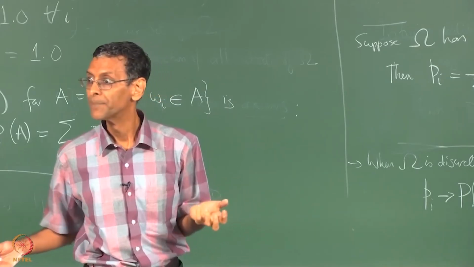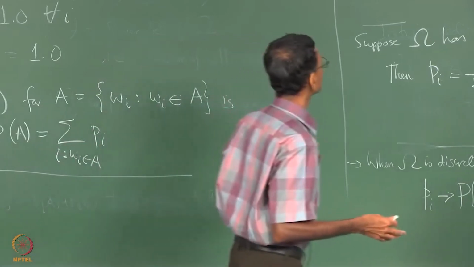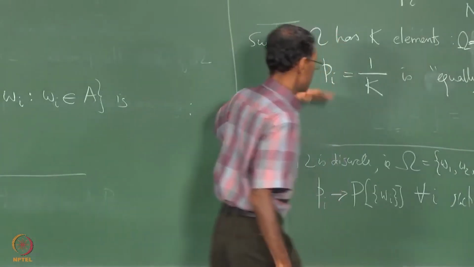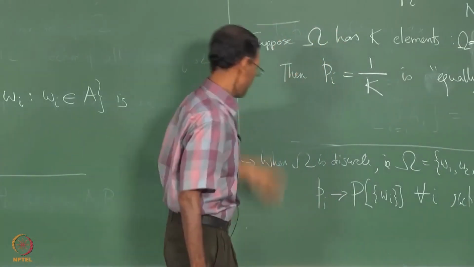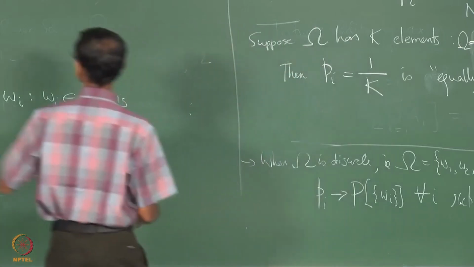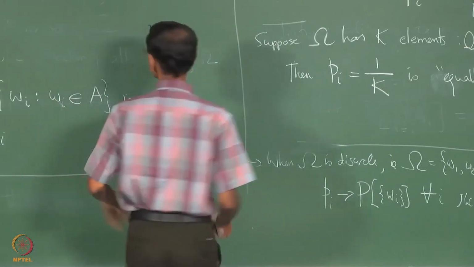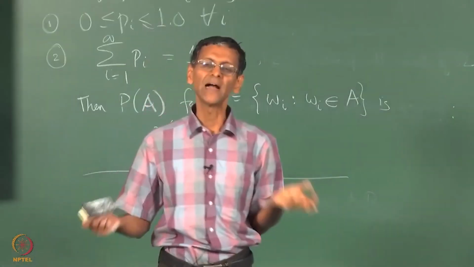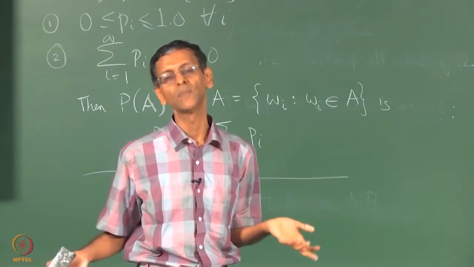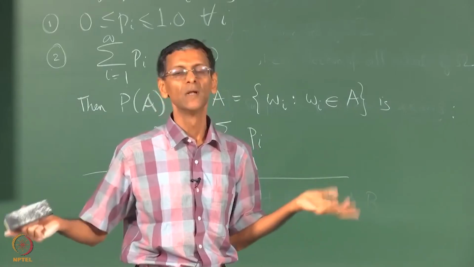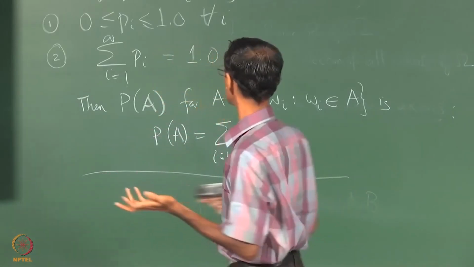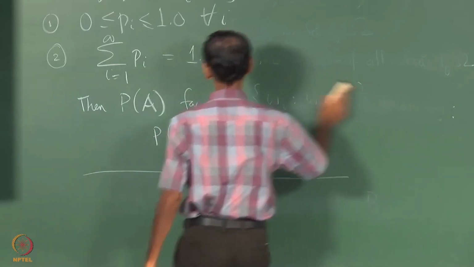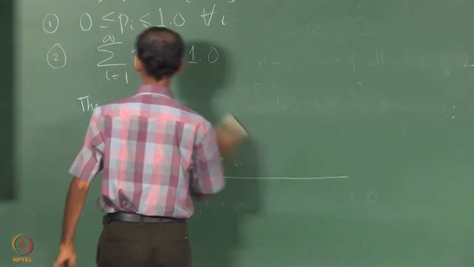Anyway, having said this, now I think we can move on to the general situation. Go back to the omega, F, P, the general case, which applies in all probability problems, and look at the properties of the probability measure.